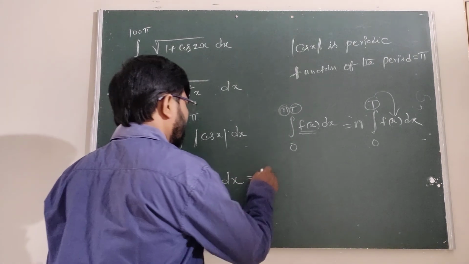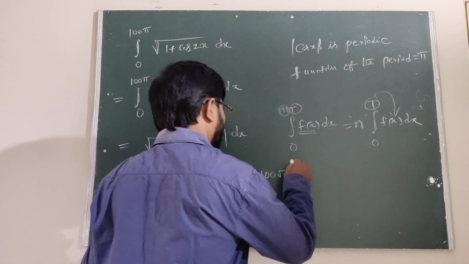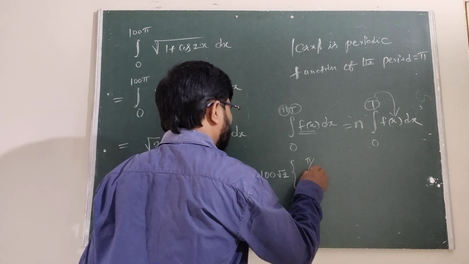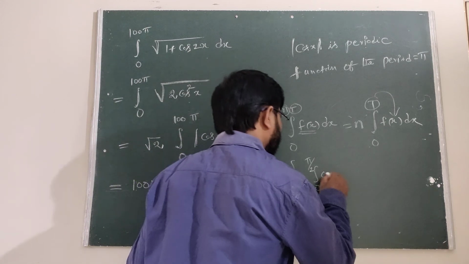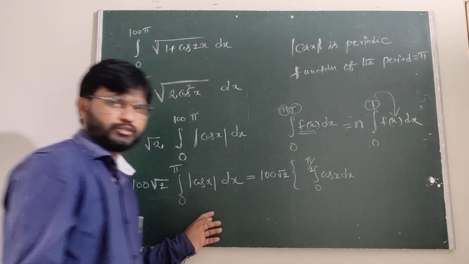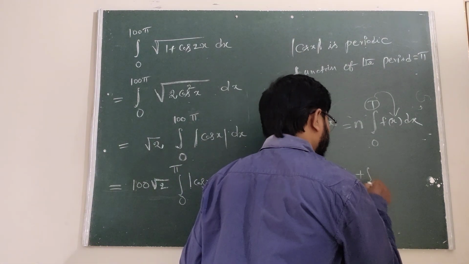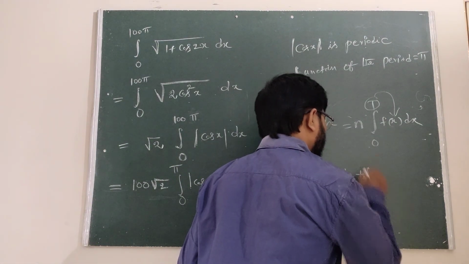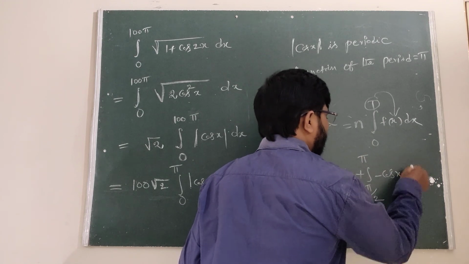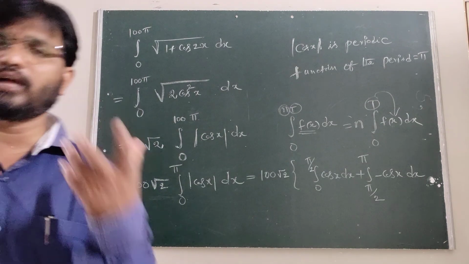It is 100 root 2 times the integral from 0 to π/2 of cos x dx, since cos is positive there. But 90 to 180 lies in the second quadrant, so we have to take the minus of cos x. Everyone listen here: the mod is always positive.